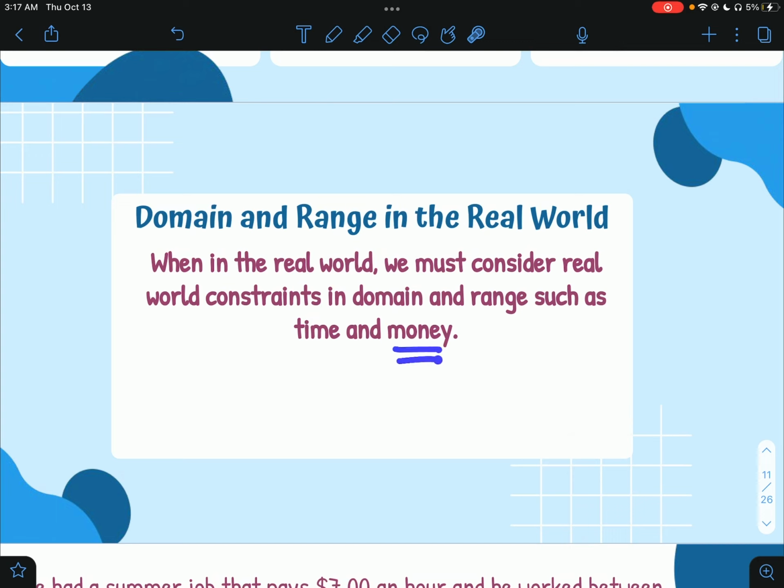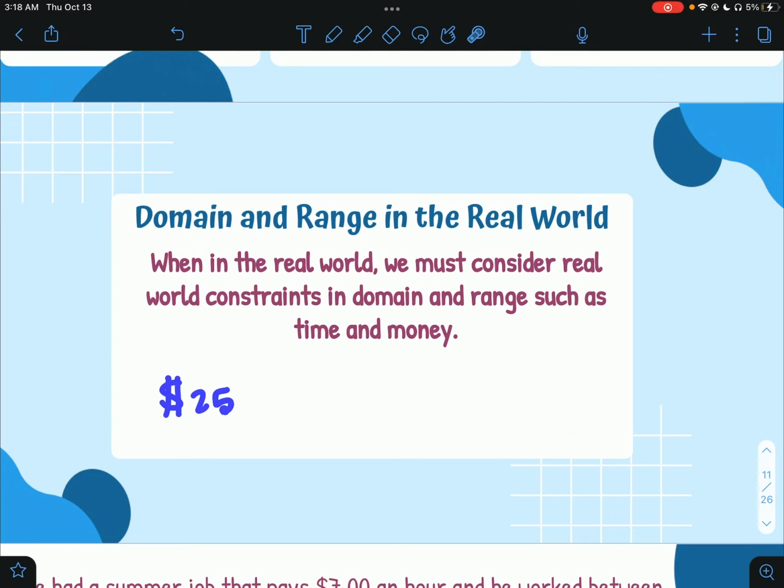Money could be controlled by how much you have. Let's say you have $25. You're at school. You want to go to the break store. Could you spend $25? Yes. Do you have to spend $25? No. You can spend $5. You can spend $2. You can spend $0.